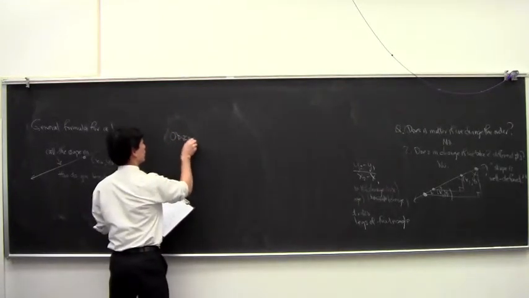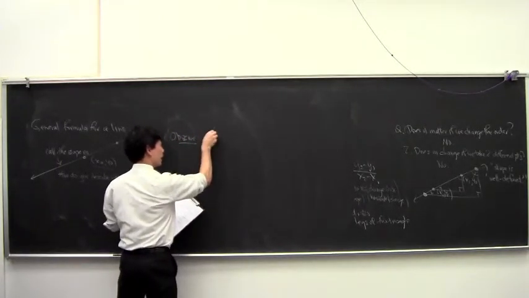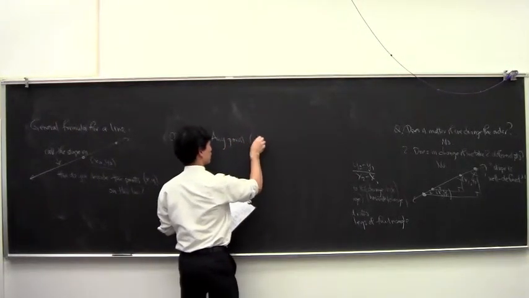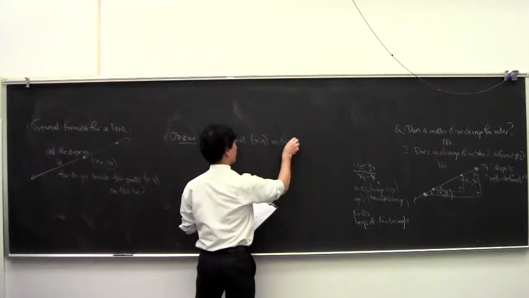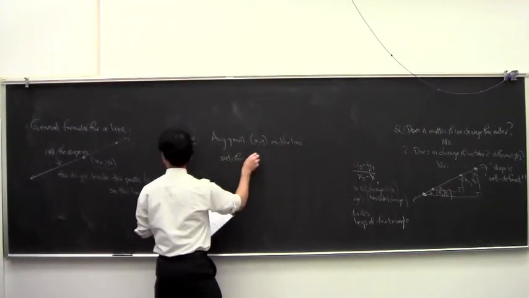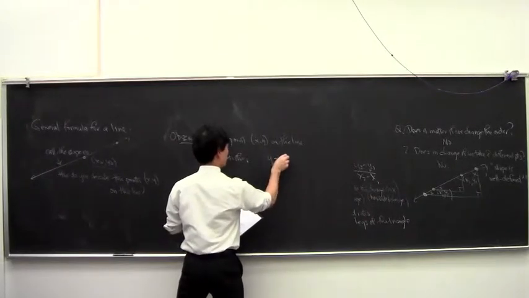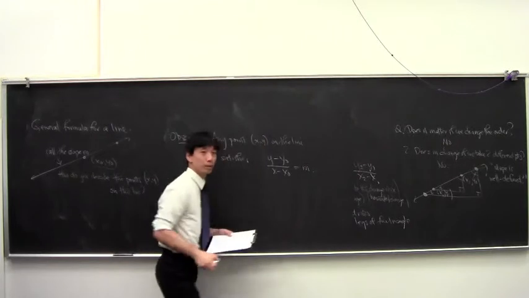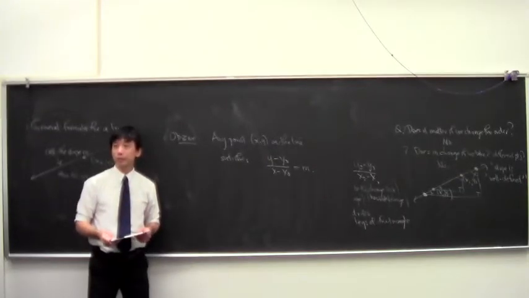You observe any point on the line satisfies y minus y naught over x minus x naught equals m.